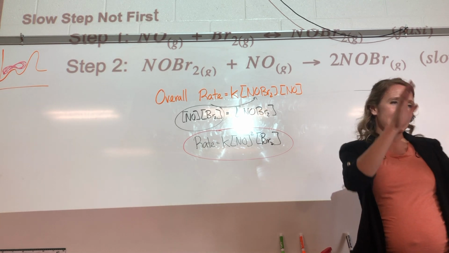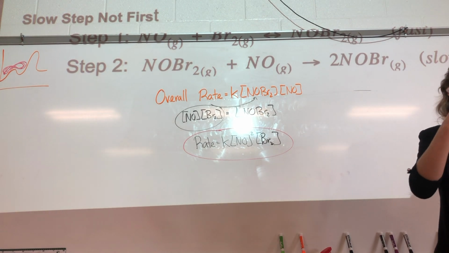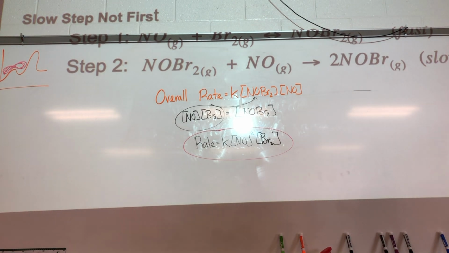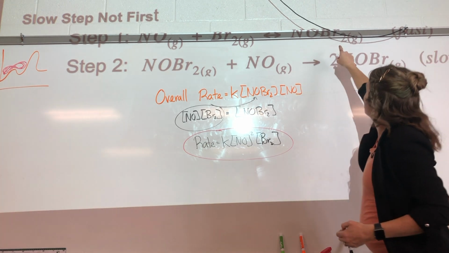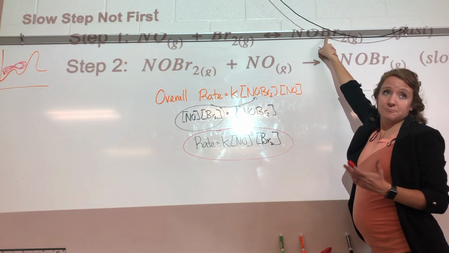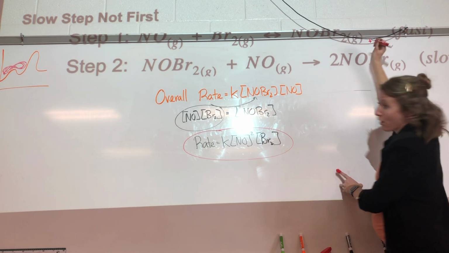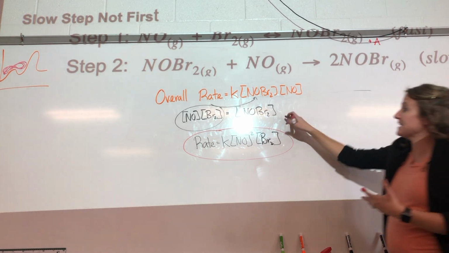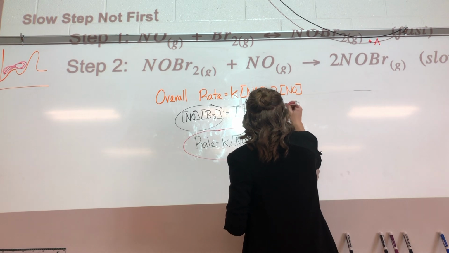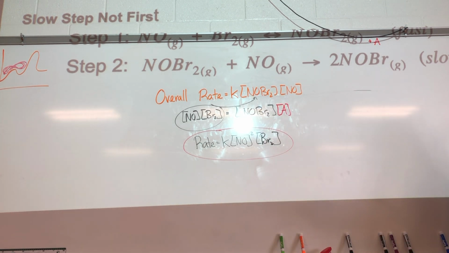Now, let's say hypothetically, I'm just going to put this in so you can see a different scenario, because I should have found an example, but I didn't. If you had more than one product, let's say this had plus A as a product, that would mean here you would also have A. For our example's sake, A is a product, so it's not an intermediate that goes away.